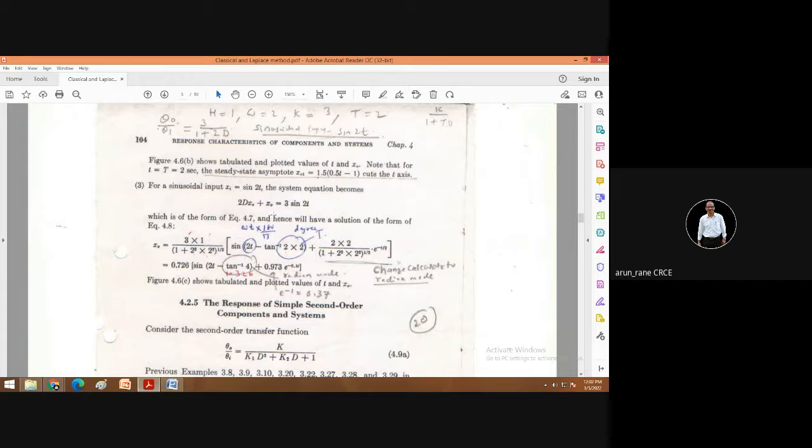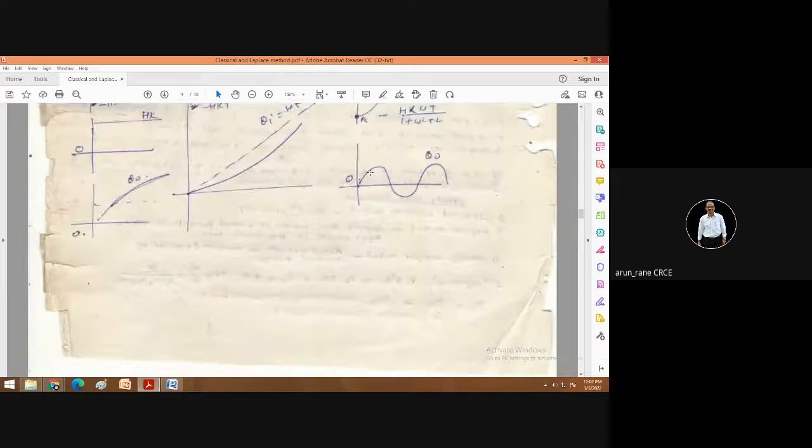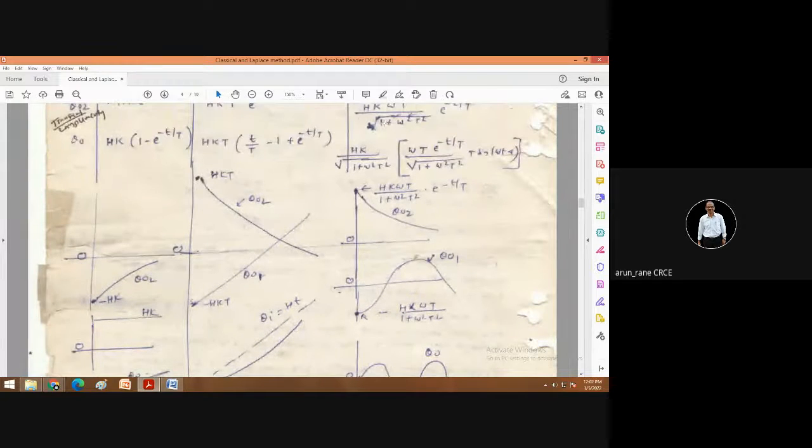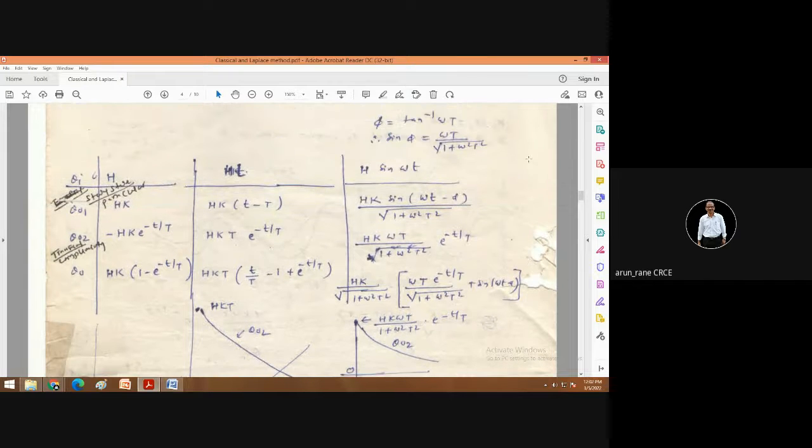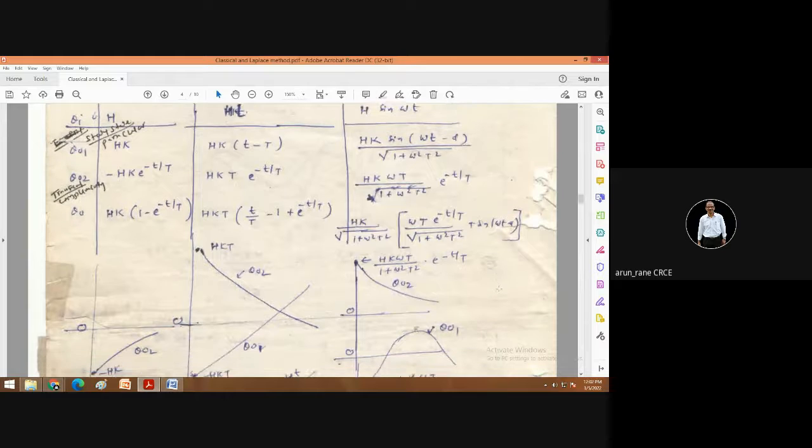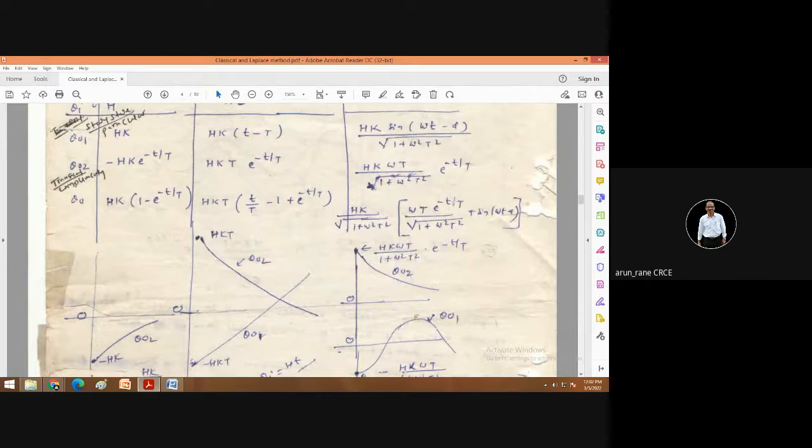Now what you have to do? You know h, you know omega, you know K, you know T. Now you take various values of small t and substitute them in this equation. You can also find out phi, because phi is equal to tan inverse of omega T. So you know the value of phi also, and the only variable is small t.